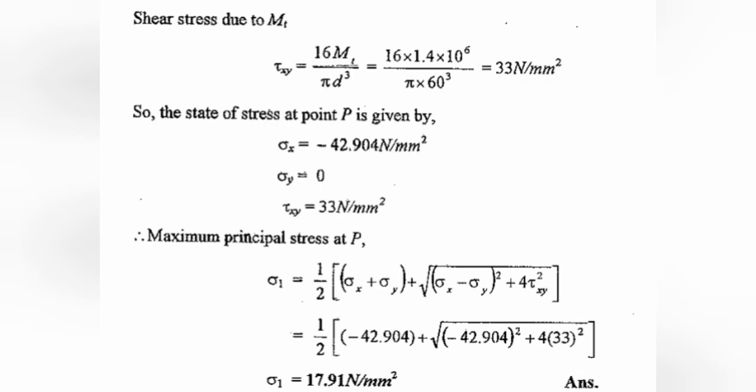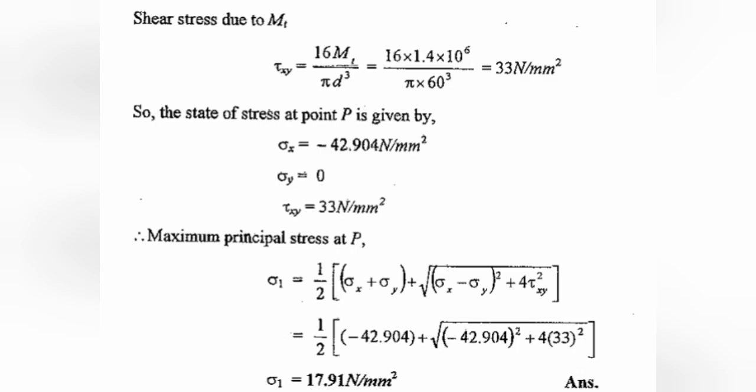There are two principal stresses, sigma 1 and sigma 2. The only difference between both is the sign convention: one has a positive sign and the other a negative sign. In order to get the maximum value, you have to take the equation containing the positive sign. That means half of sigma x plus sigma y plus root of sigma x minus sigma y the whole square plus 4 tau square xy.